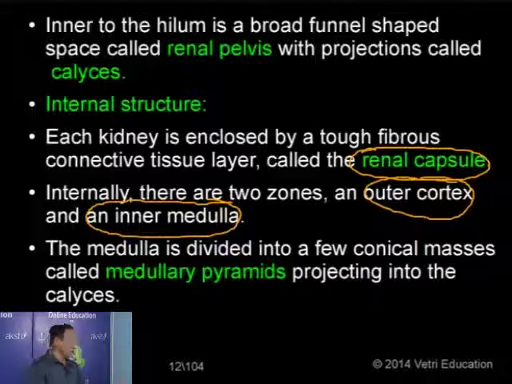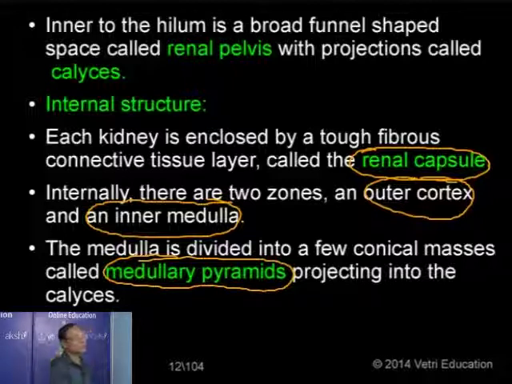Now the medullary tissues are arranged in the form of conical masses, many conical masses. They are not found as a compact mass. These conical masses are called medullary pyramids, and they project into the calyces.